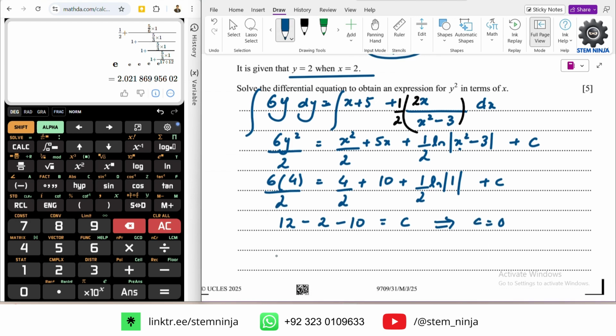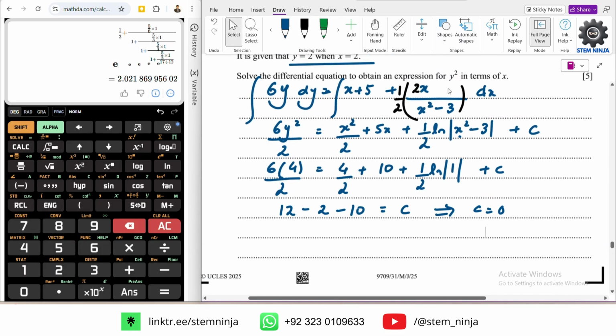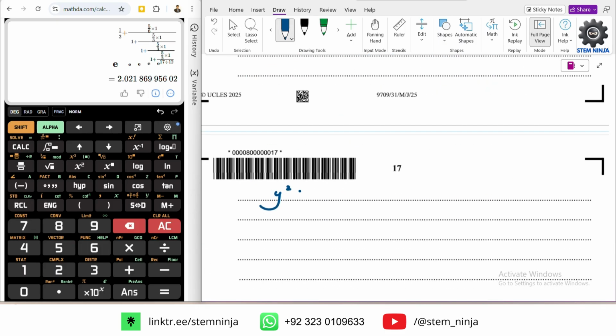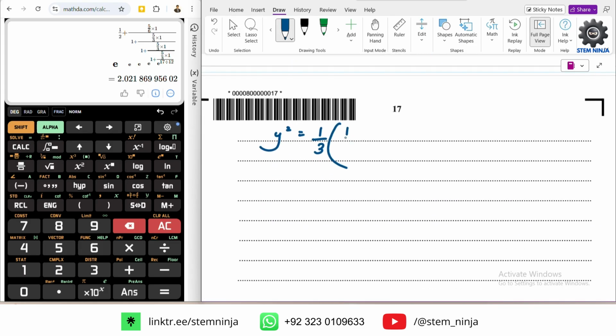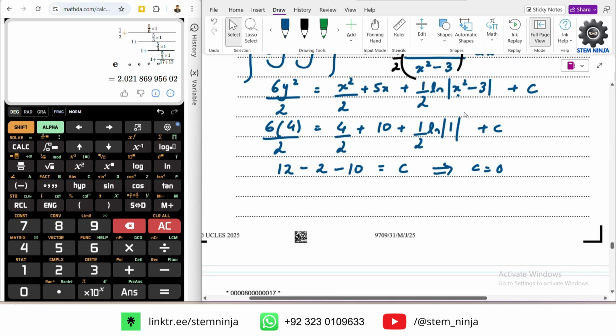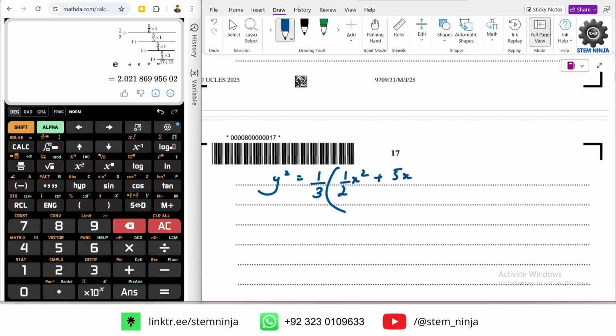So 6y squared is, c, the 3 will go on the other side. So therefore y squared would be 1 over 3 times 1 over 2 x squared plus 5x plus half, and then ln of x squared minus 3.